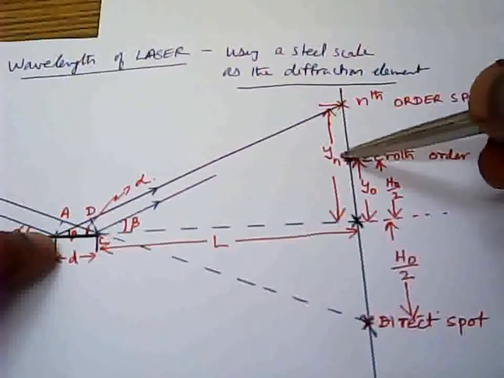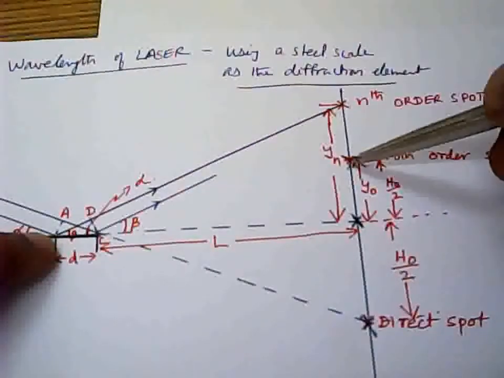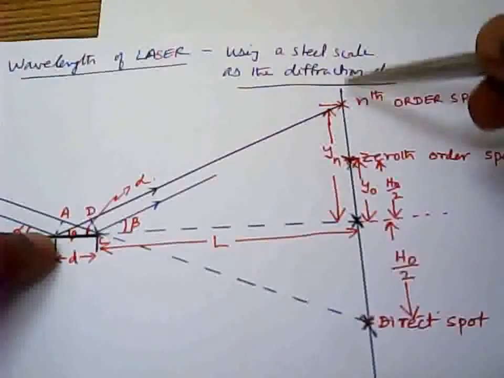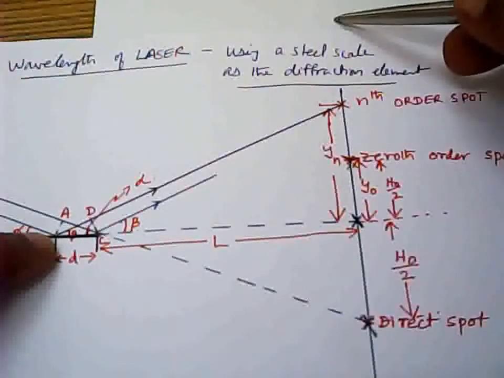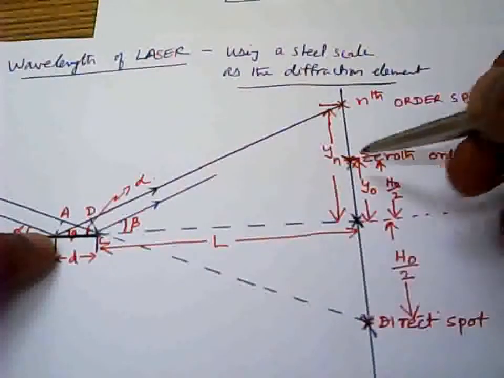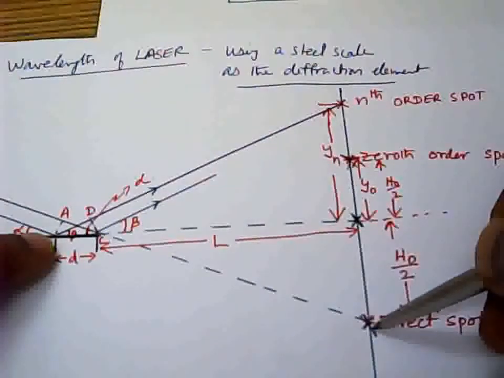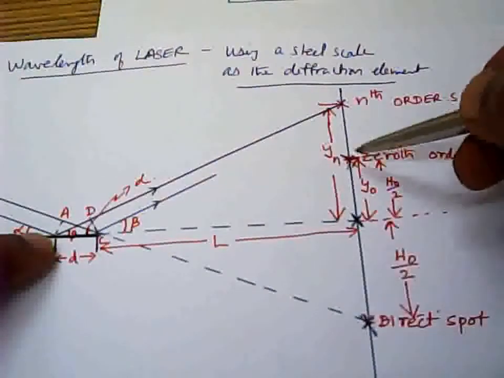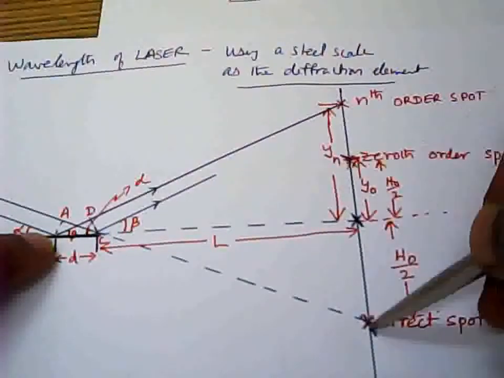And you have also already marked all the higher order spots on the screen: y0, y1, y2, y3, etc. Whatever spots you have, the positions of all of them have been plotted. So now what you are going to do is, you find out the zeroth order spot and the position of the direct spot, and find out the difference between these two. This difference you call h naught.